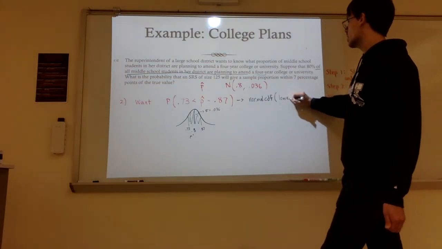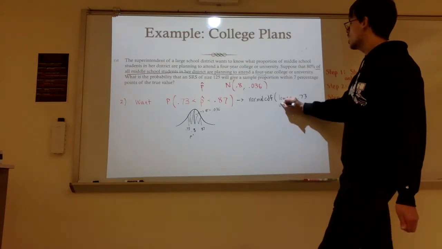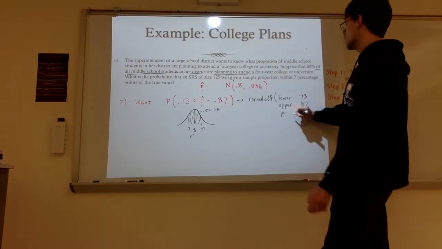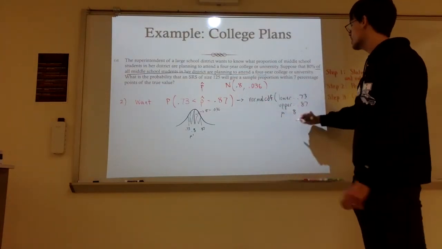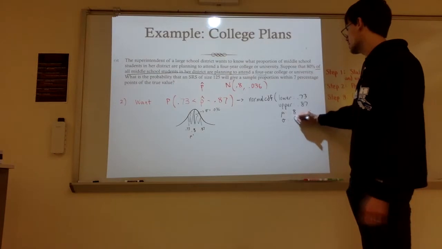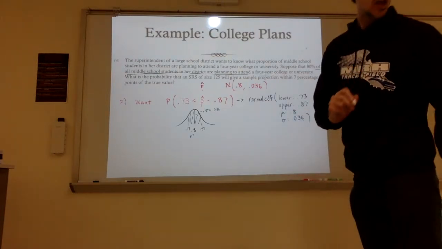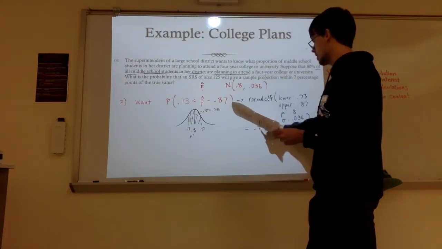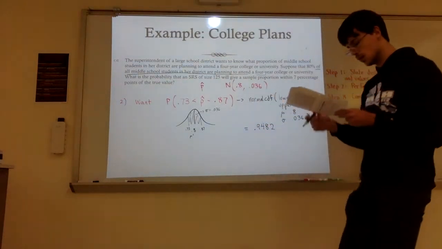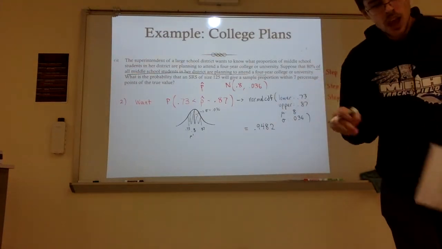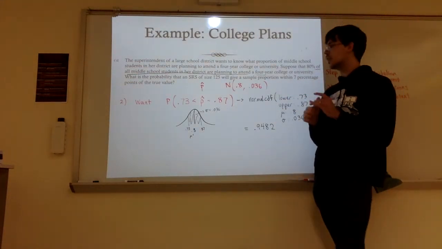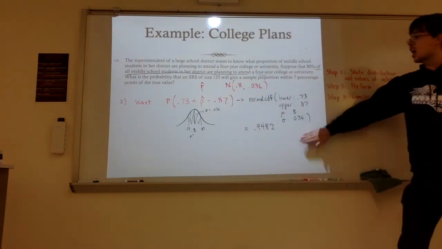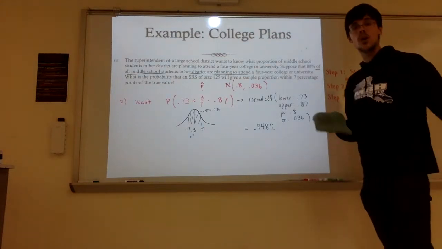Lower being 0.73, upper will be 0.87. Our mean is what we calculated earlier, the true value of 0.8, and our standard deviation, which we also calculated, was about 0.036. So actually doing that command is going to get you an answer of 0.9482 approximately. All right? So this step is pretty cut and dry. Once you've found your mean and standard deviation, you're just doing review stuff with our normal commands that we've already learned. I'm going to erase this one more time and go for our concluding step here.